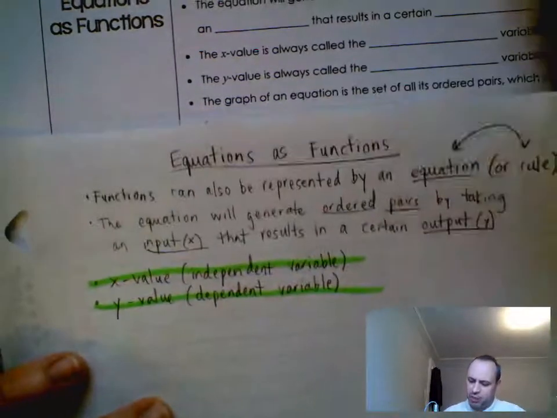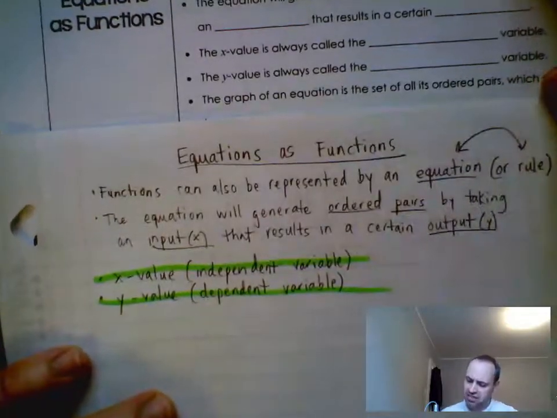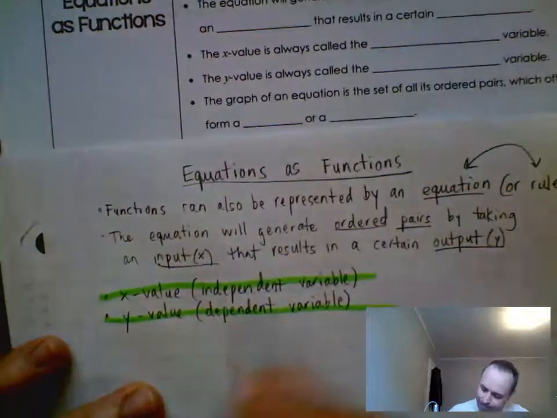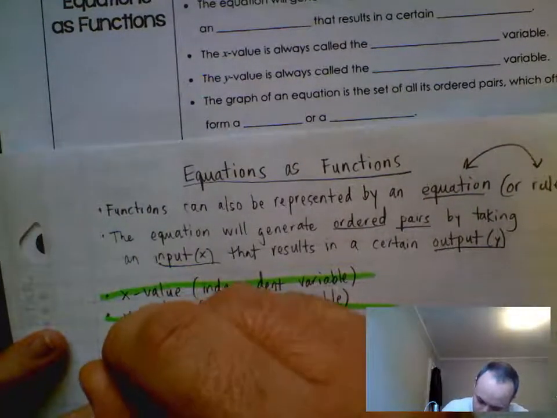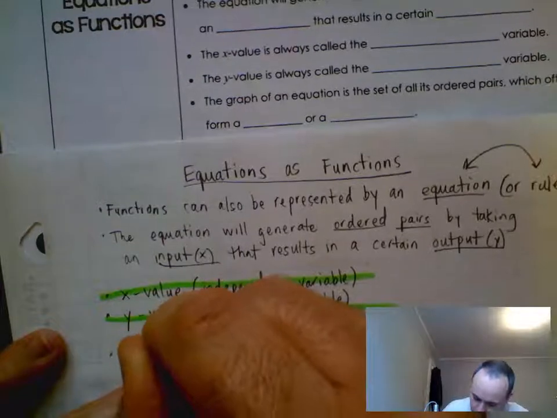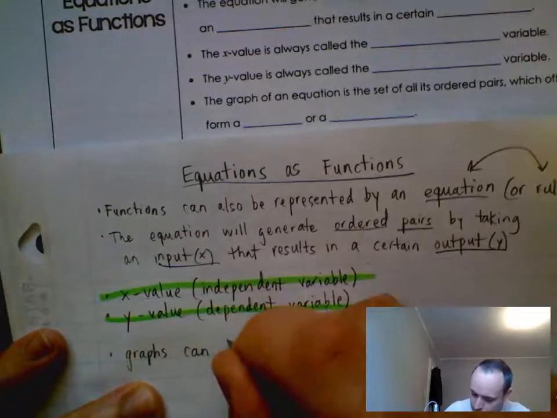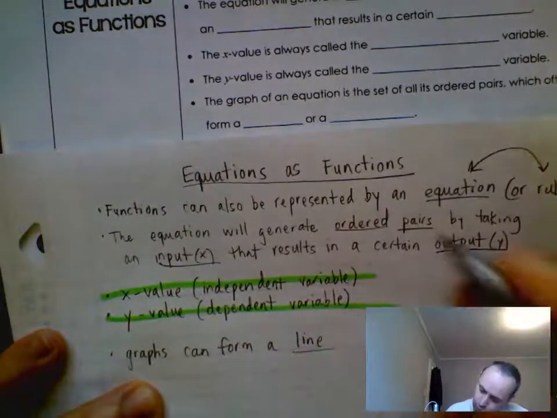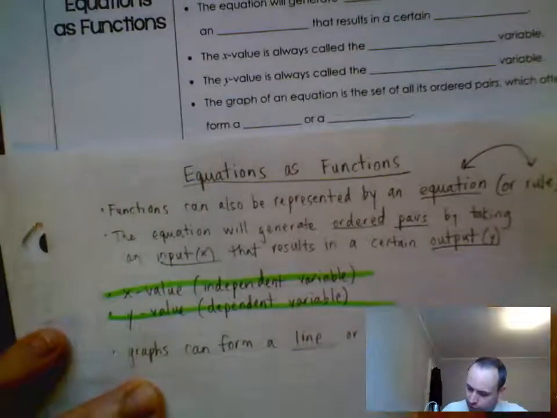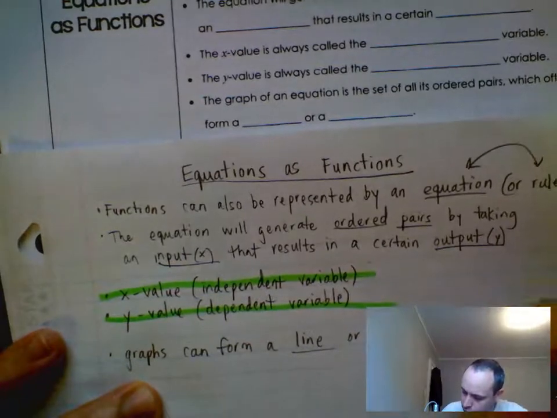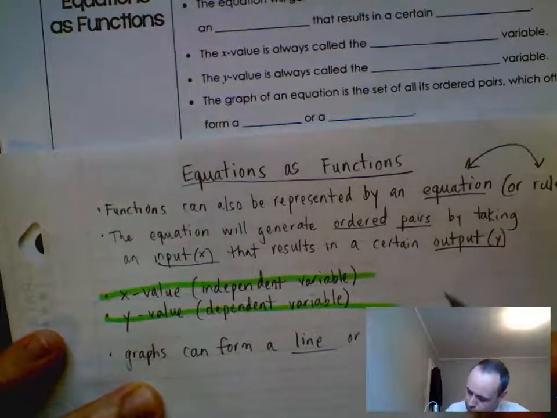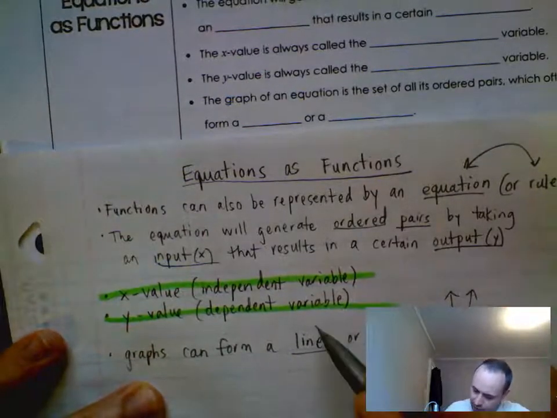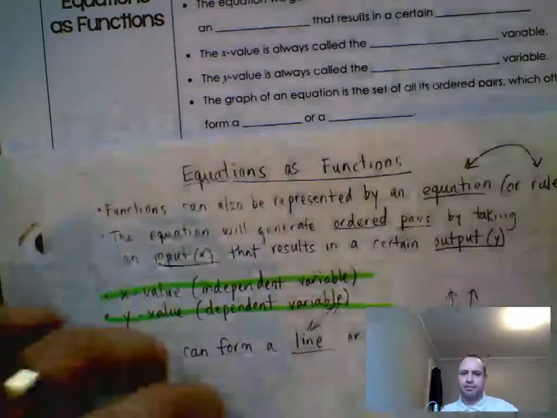This next one here: the graph of an equation is the set of all its ordered pairs, which often form a line, or a curve. So sometimes you'll see a graph like this, and other times you'll see a graph like that.